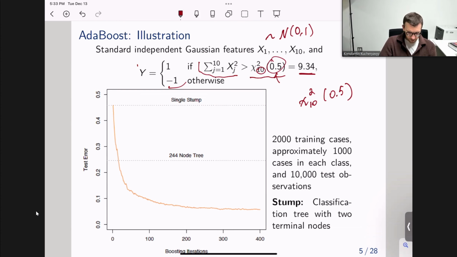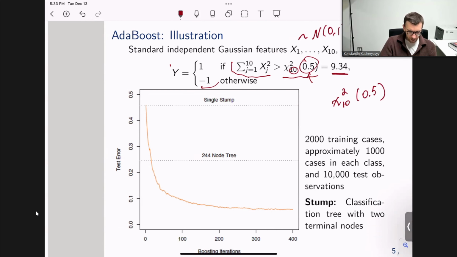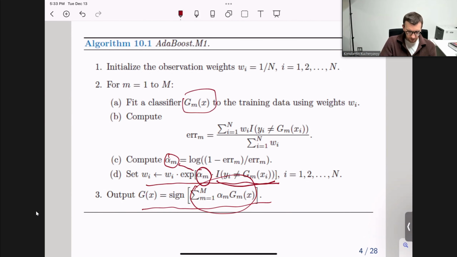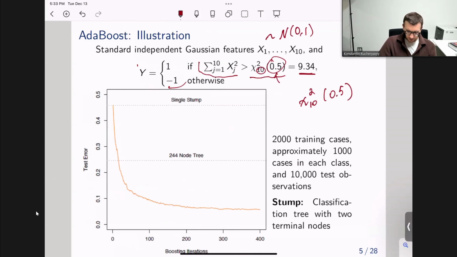Now, as a classifier, we will be using a single stump, which is a classification tree with just 2 terminal nodes. This is not an uncommon thing in AdaBoost, and this will differ from gradient boosting.